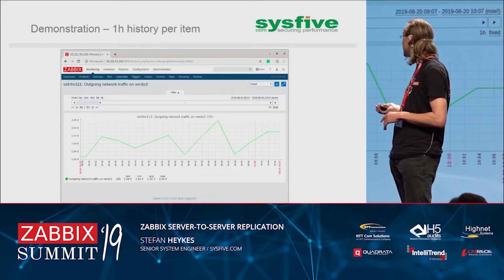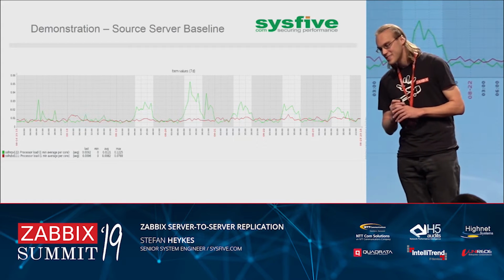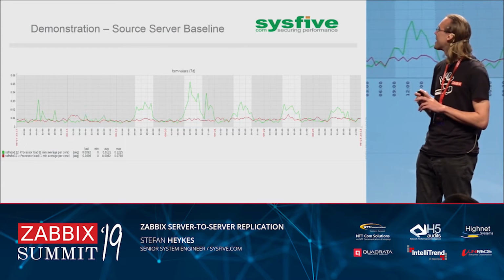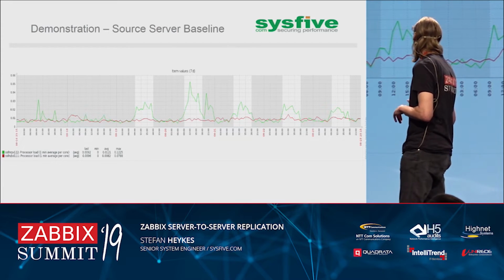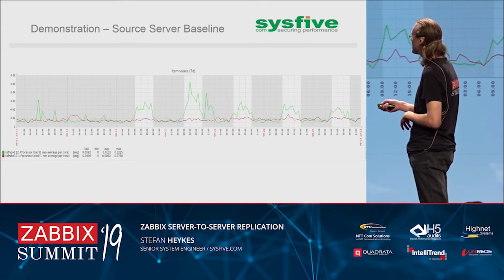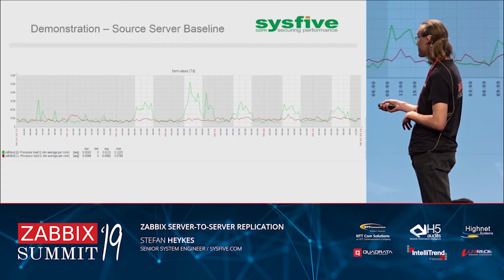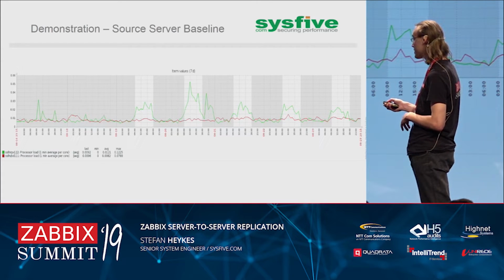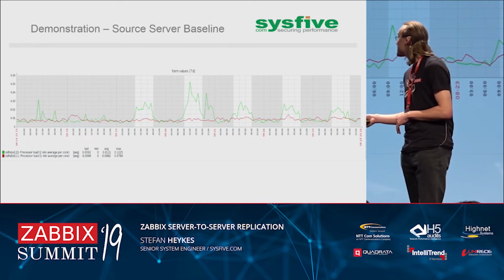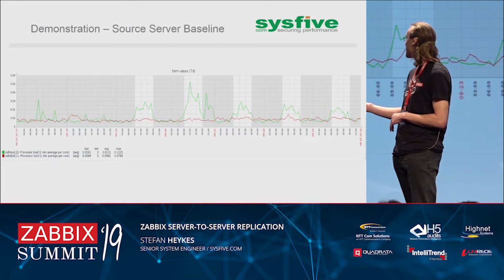And that's just to prove that. The actual performance testing I did very late in the evening, and this is the reason why. What you can see here is basically 1 week, and you see when people are working. This is CPU load in green from the Zabbix front-end server we have, and red is the database server we have. So you can see the weekend, no real activity there.